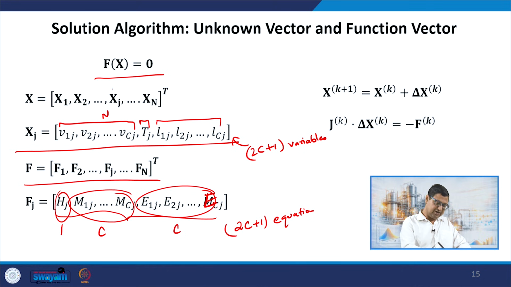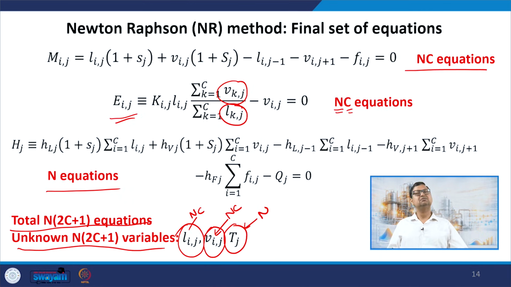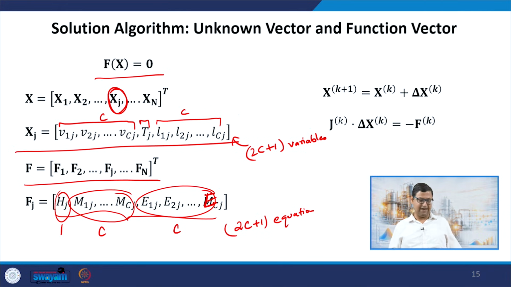So, one of the x that you see here is essentially a vector. So, we have 2C plus 1 variables and 2C plus 1 equations for every stage. In total we have n times these equations and n times these variables for every stage, right.